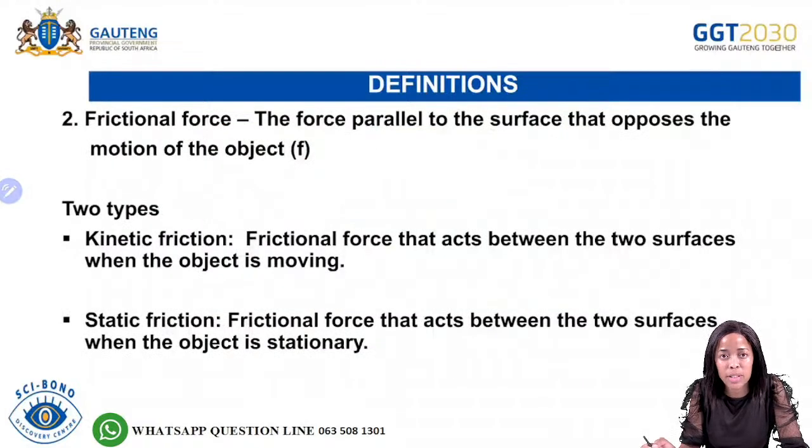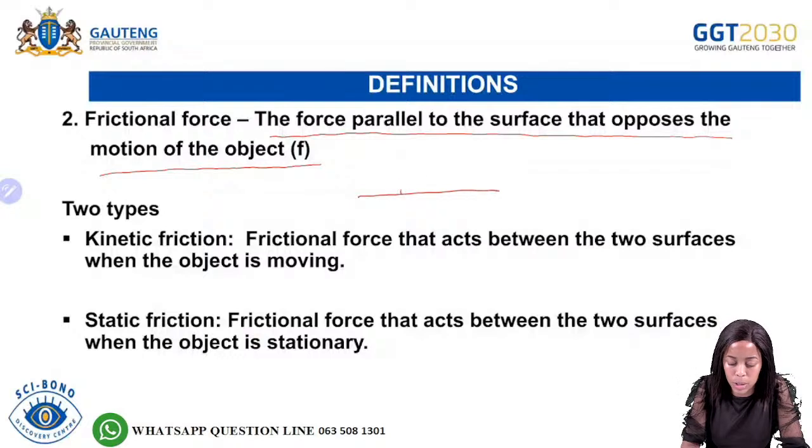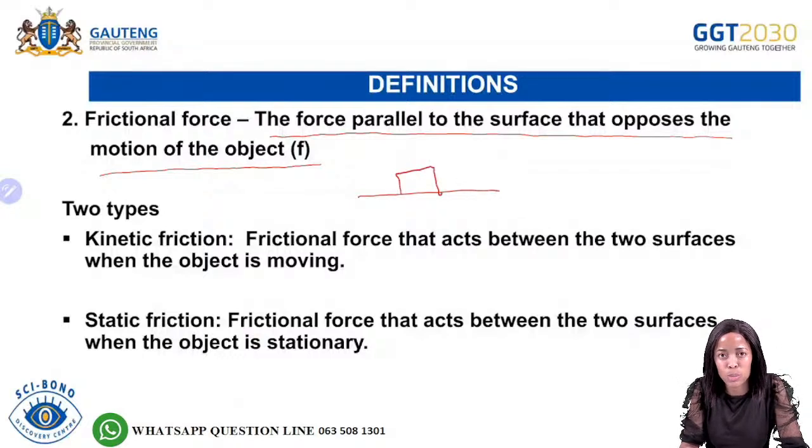Then next we have the frictional force. It says the force parallel to the surface that opposes the motion of the object. So again, you will need to be able to represent the frictional force. If this is your object, the definition says it is the force that is parallel to the surface.